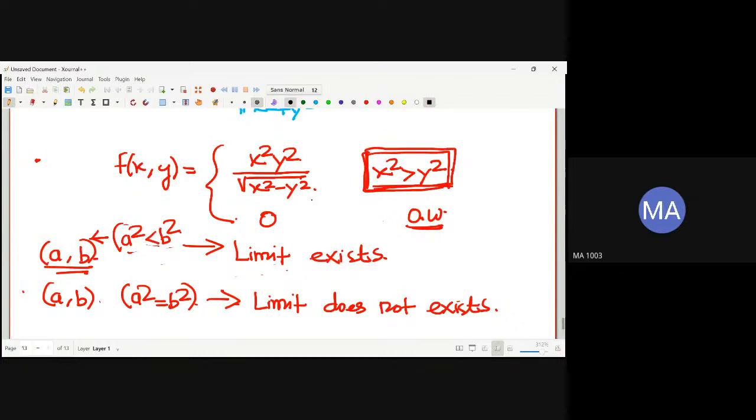So the numerator is degree 4, and it will approach 0 much faster than whatever is in the denominator.